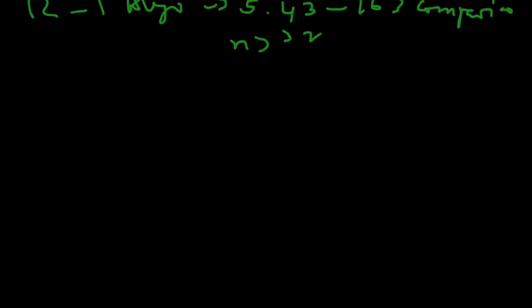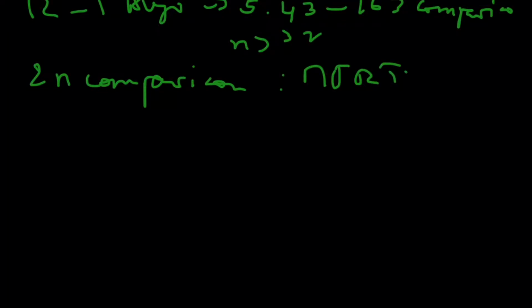Not really, because it has this very big constant factor, 5.43. But the paper that we are taking a look at now can find the majority element in 2n comparisons using this majority algorithm that is described in this paper.